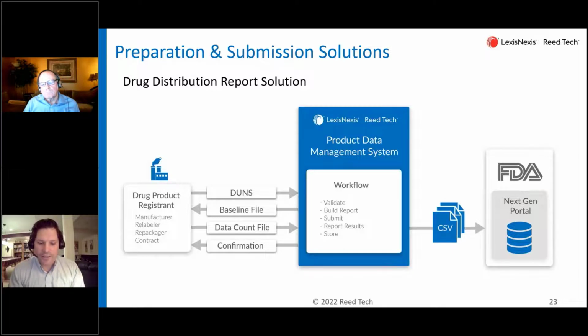So in that scenario, really pulling all that data together, we also have a method of extracting data, the information that's been submitted to DailyMed through this electronic drug registration service, and pre-populating a baseline report, if you will.